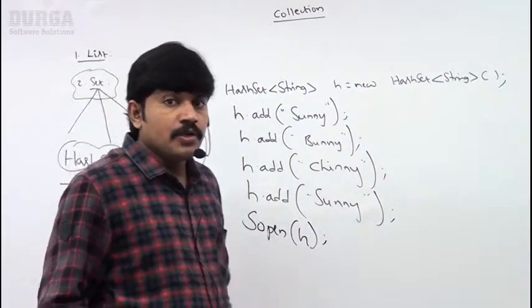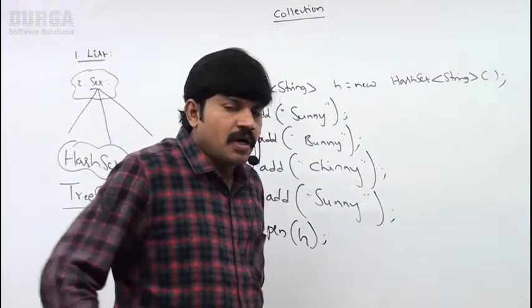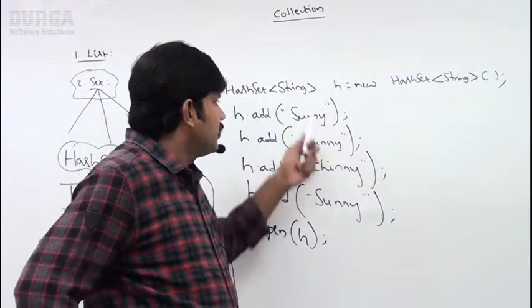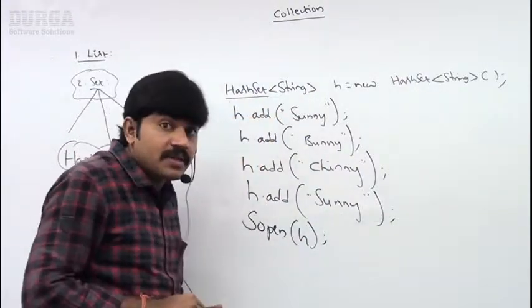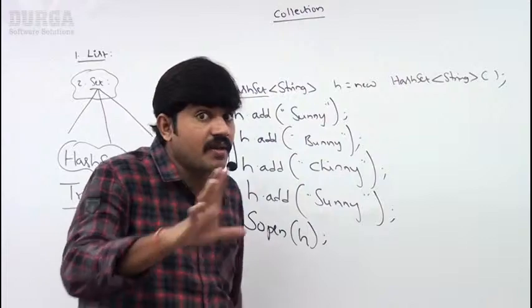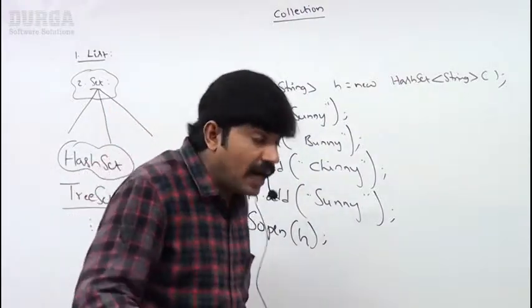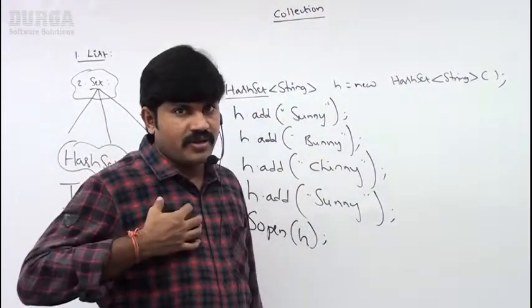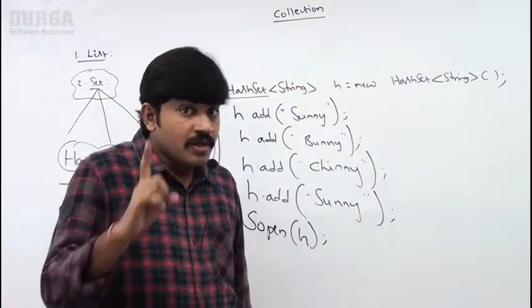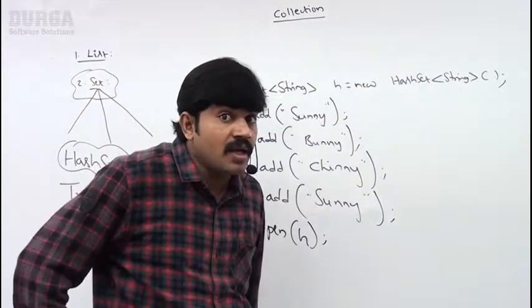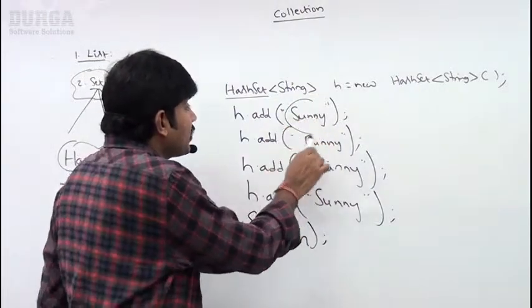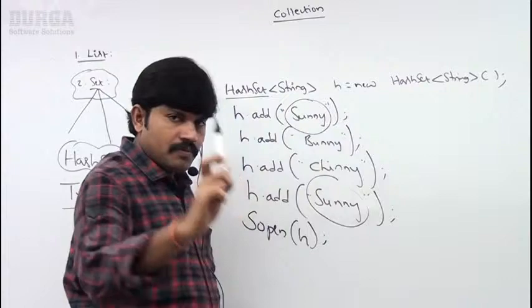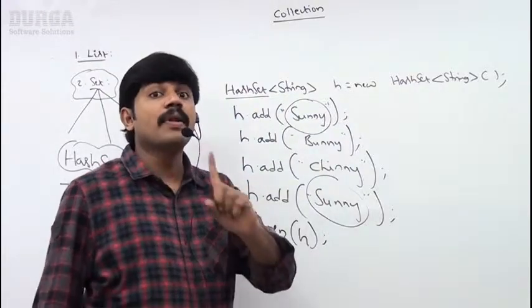Can you please guide? If it is a list object, what is the output you are going to get? Sunny, Bunny, Chinny, Sunny. But this one is a set. Never worry about order. So in which order are we going to get the output? Sorry, we don't know that. Next, are duplicates allowed or not allowed? Duplicates are not allowed. Even though we are adding Sunny 2 times, Sunny is going to come only once.